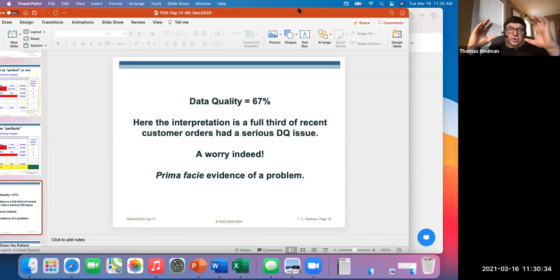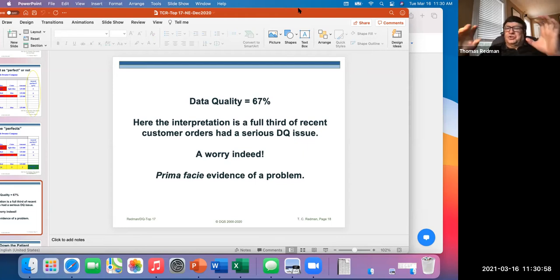But it is closely interpreted with, here is our customer orders. The last 100 orders, we only got the data right for 67 of them. We can't complete these 33 orders unless we fix up the data. Okay. And so the question is, is this an issue?